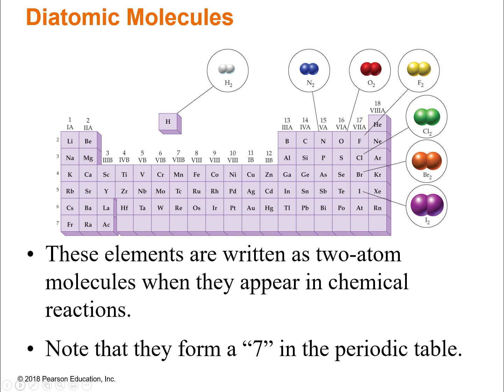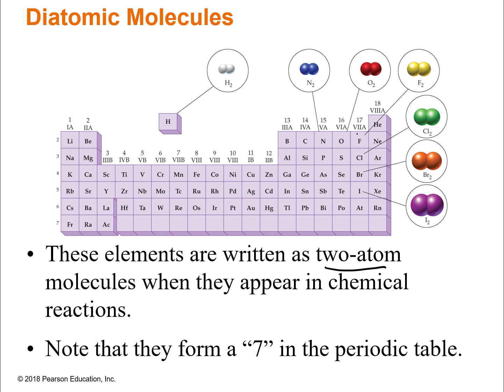So I gave you those symbols. Now I'm going to give you another bit of information. Some elements are written as diatomic molecules, which simply means that there's two atoms. Anytime you're looking at hydrogen, nitrogen, oxygen, fluorine, chlorine, bromine, or iodine, and it's just that, the molecule, they come in a pair.